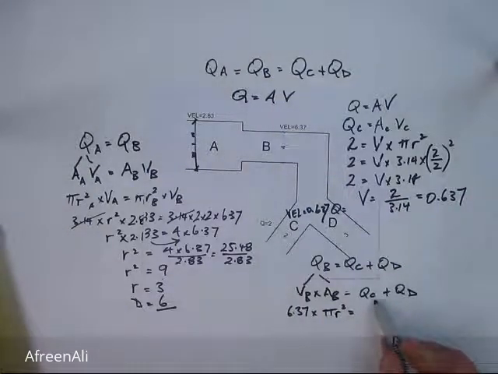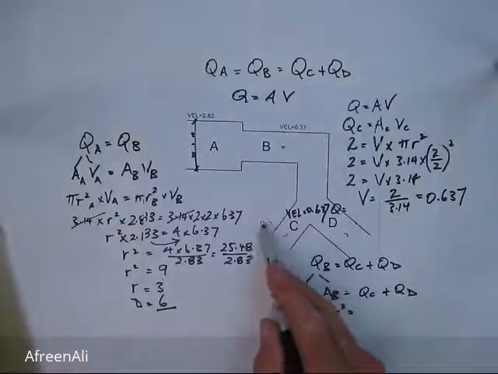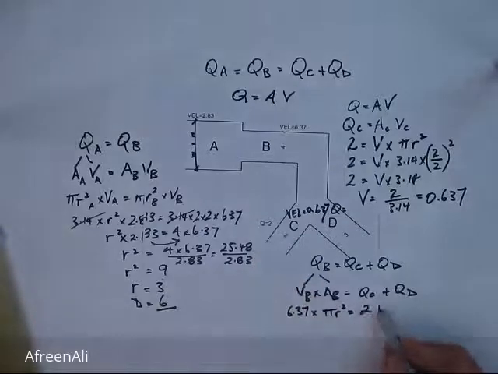We know the flow rate at C is 2 plus the flow rate at D.